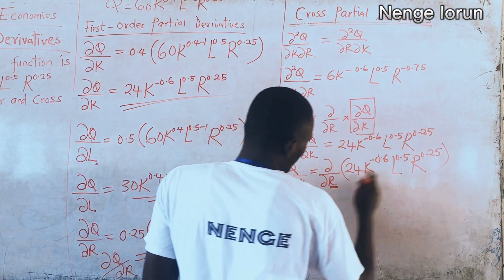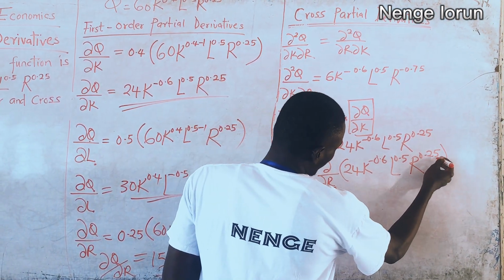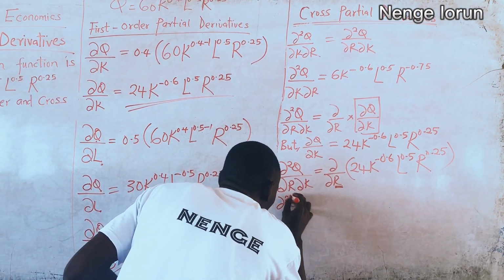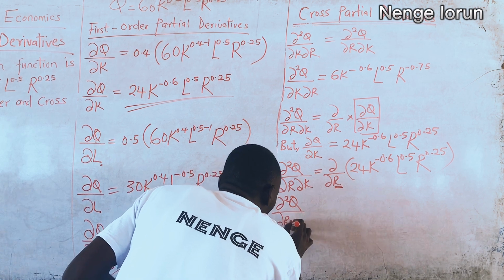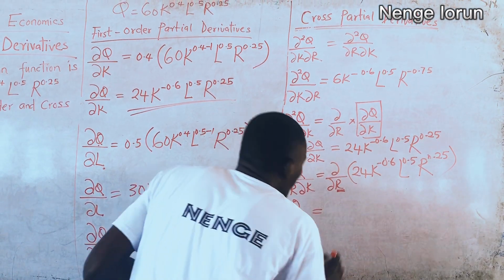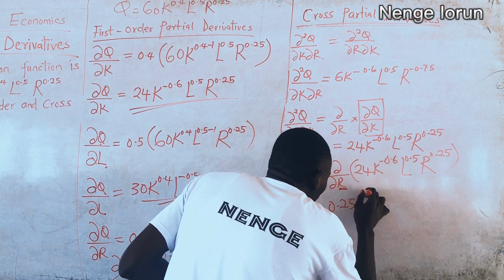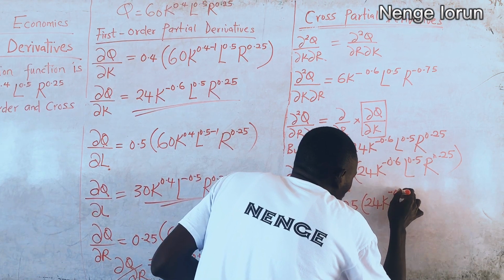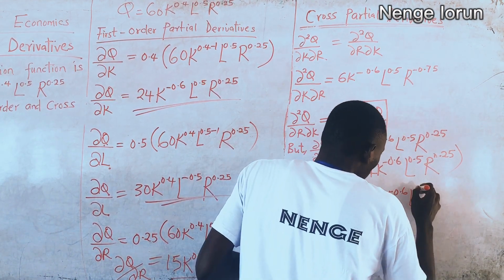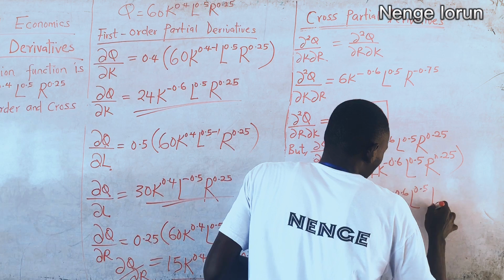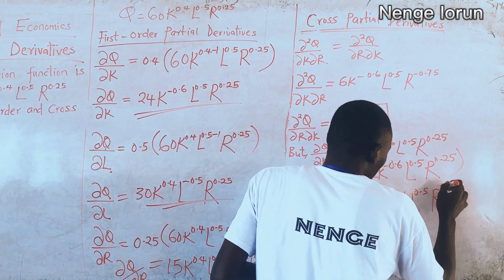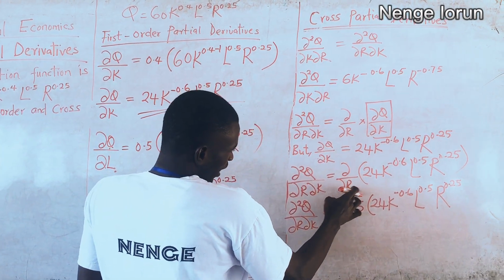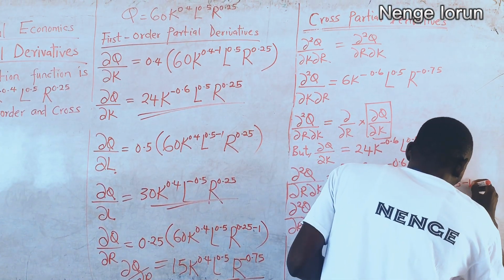So we are going to multiply everything here by the power of r, which is 0.25. By so doing, you will have the second order cross-partial derivative with respect to r with respect to k, which is equal to 0.25 times 24k raised to the power of negative 0.6, L raised to the power of 0.5, r raised to the power of 0.25. But since we are using the power of r, I will subtract this by 1.